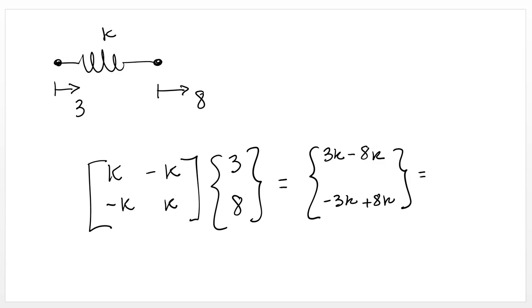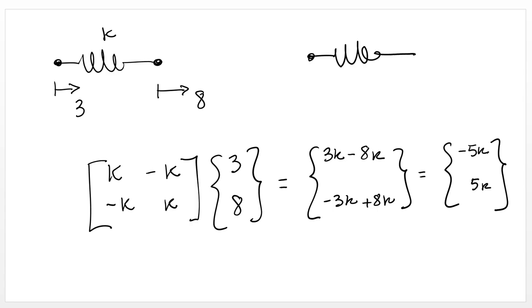That comes out to minus 5K and 5K. So basically, in order to make those displacements happen, we need to apply a force here on this end, which is going this way with 5K, and at this end this way with 5K.